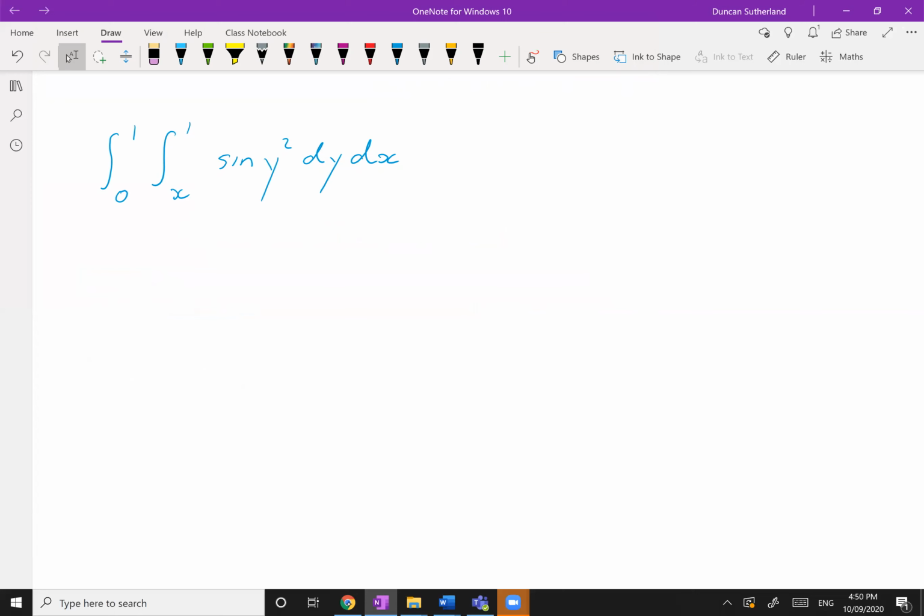So let's think about the region of integration, and then let's swap the order of integration. So we're doing the y integral first in this case. Right, the inner one's the y one, so that's the one we do first. We've got 0 to 1 in x.